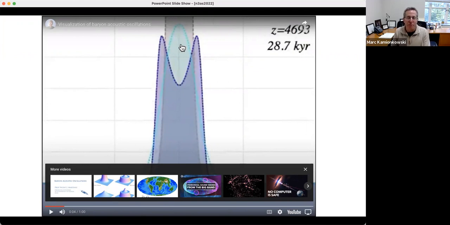And then we add to that a Dirac delta function overdensity at the origin in all of the components of matter. What happens is that overdensity constitutes a high pressure region in the baryon photon fluid in the early universe. And so that sends out a spherical shock that propagates out at the speed of sound.